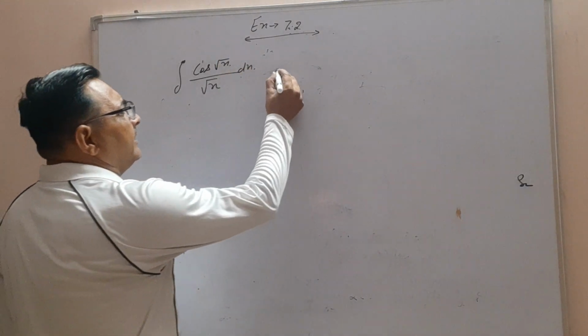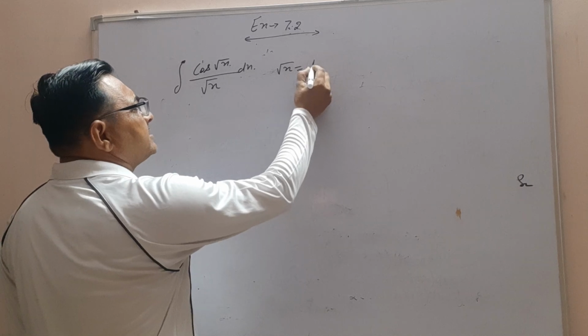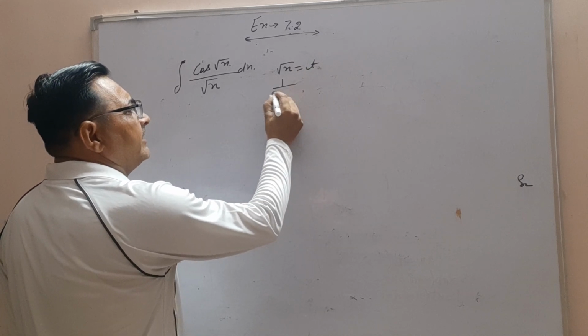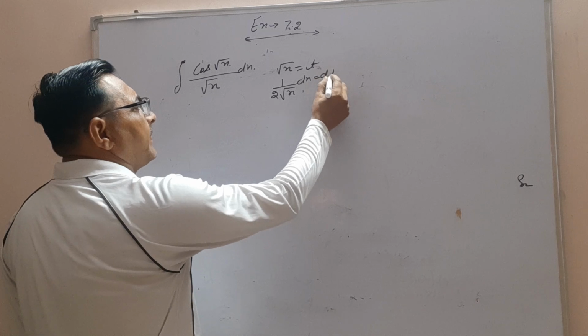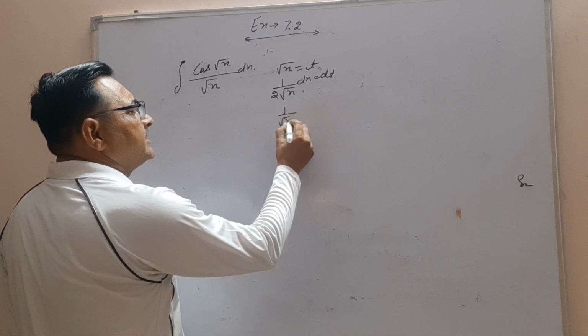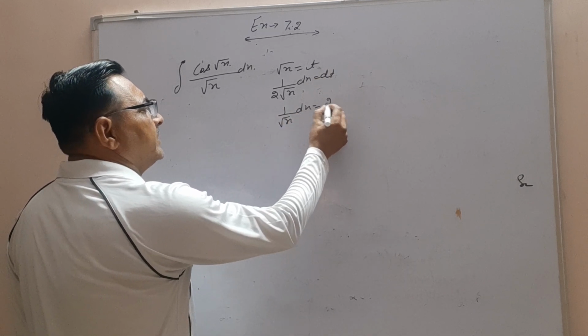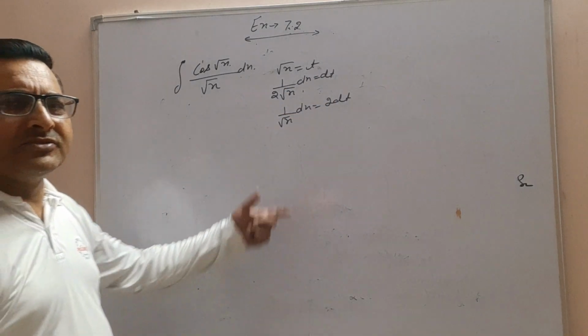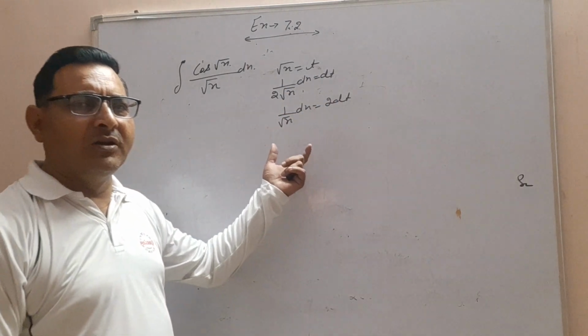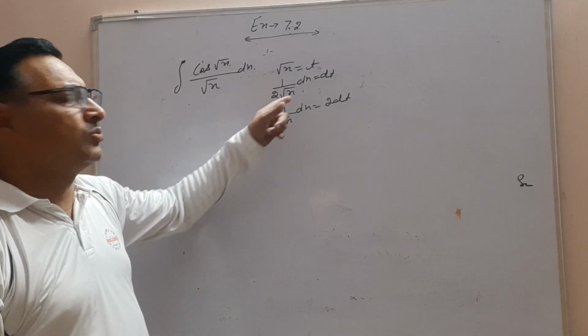So you can write here, let root x is equal to t, its derivative will be 1 by 2 root x dx is equal to dt. 1 by root x into dx is equal to twice of dt, cross multiply. In the last video, I already told you how you will get 1 by 2 root x.